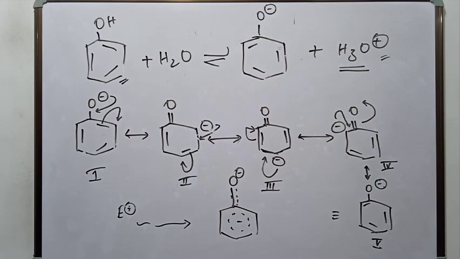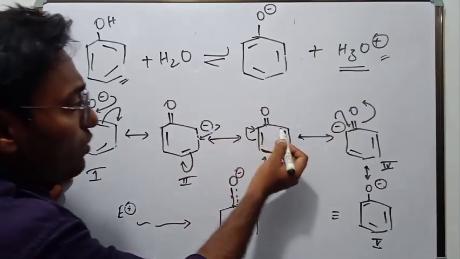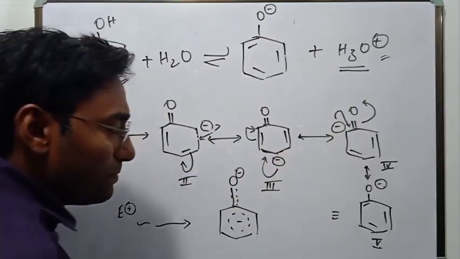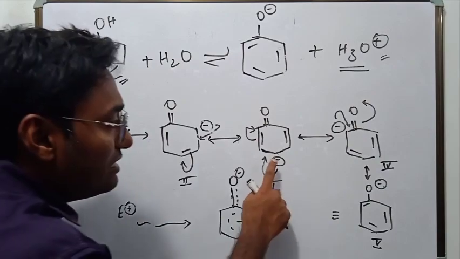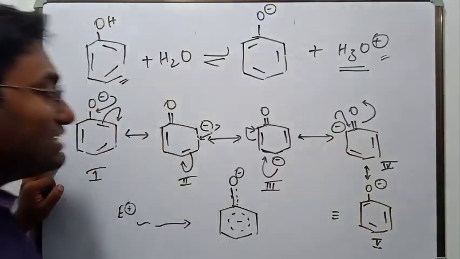The question before us, dear students, is why it is moderately acidic. If you are seeing here, delocalization is taking place. I agree. But the delocalization is on carbon atoms. What is the nature of a carbon atom?